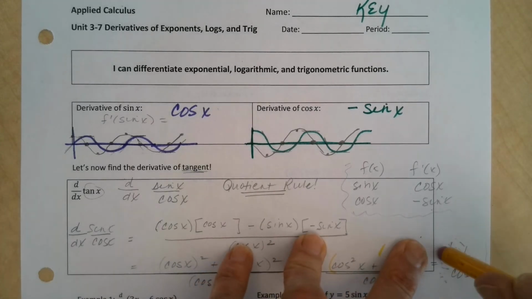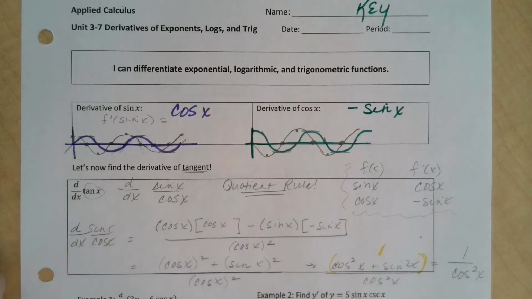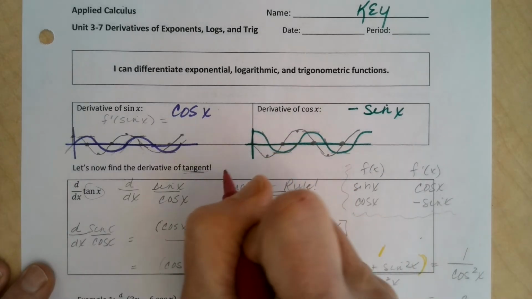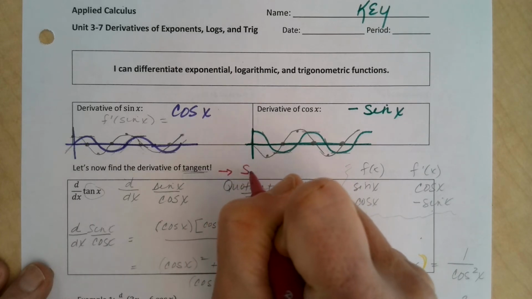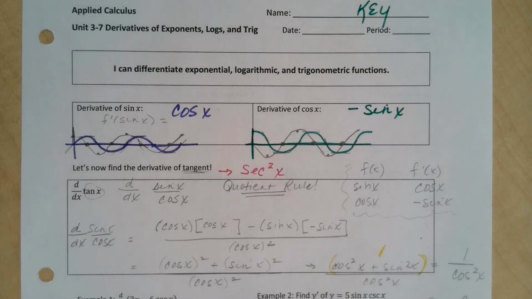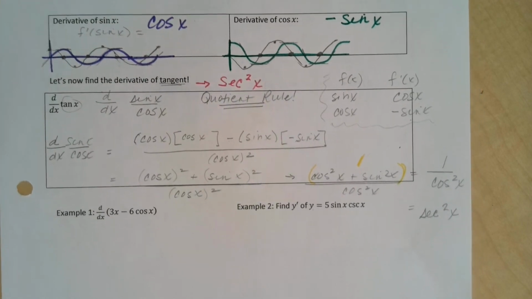I won't box it so you think it's a derivative. What is 1 over cosine squared of x? You okay with secant squared of x? Yeah? So that means the derivative of the tangent is going to be secant squared of x. And we just proved that by using the quotient rule.